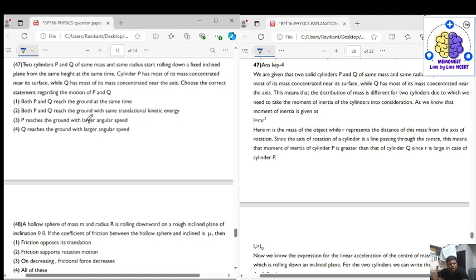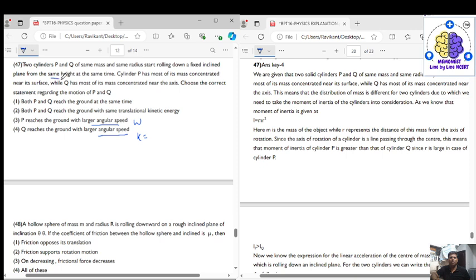See, if we talk about the angular speed first, angular speed is omega, right? Now, the kinetic energy for both the bodies will be same, because both the bodies are being released from the same height, right?